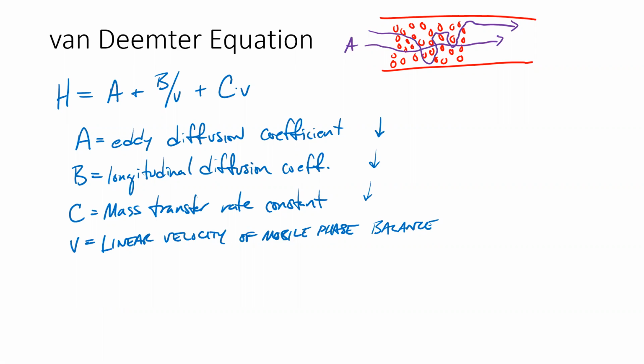The last molecules of A that elute off the column are going to be the ones that take the craziest path. And so the extent to which this eddy diffusion occurs is that A coefficient. Okay. This is going to have a lot to do with how well the column is packed. It has to do with the size of the actual packing material, the size of the beads. And so this is a property of the column. And so we can reduce A with smaller packing, smaller beads.